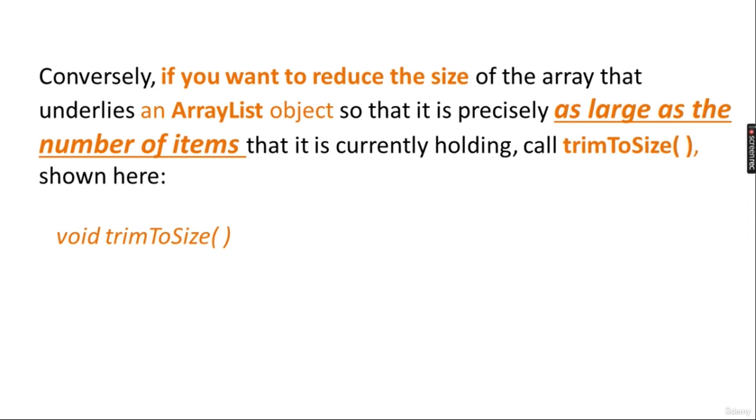If you have ensured extra capacity and there are no elements actually present there, for example, if you want to store hello world and actually you are storing hello only, then the locations after hello are all empty, so unnecessarily your ArrayList size is large and there are no items in it.